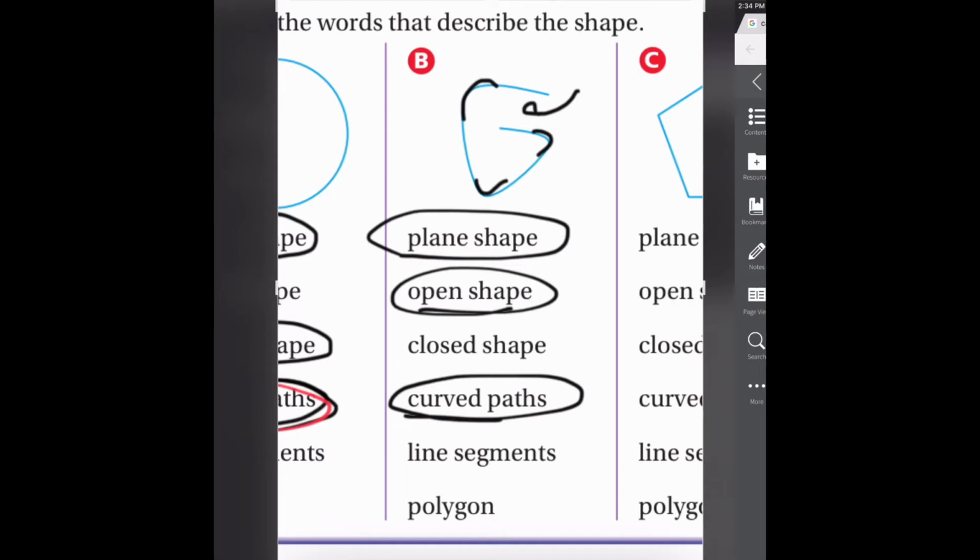Does it have line segments? Doesn't really look to me like it has any straight lines, so I'm going to say no on the line segments. And then the final question then, is it a polygon? And it is not a polygon. And it's not a polygon for two reasons here. It's open. Remember, polygons need to be closed. And it has curved paths, so it can't be a polygon.